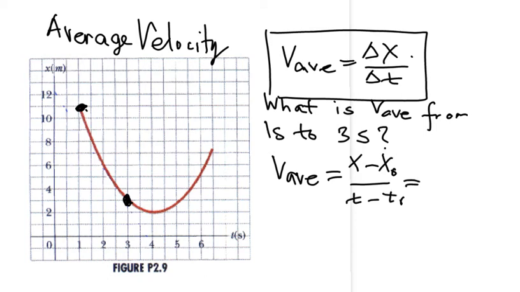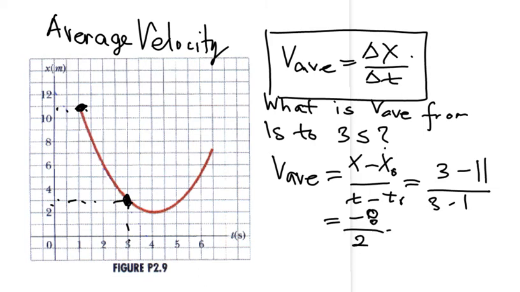Okay, my final position, it looks like, if I draw this over, is 3 minus my initial position, which is 11, divided by my time. So my final time is 3 minus my initial time, which is 1. Okay, 3 minus 11 is negative 8 over 2.